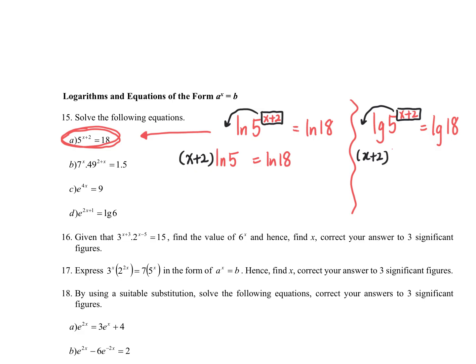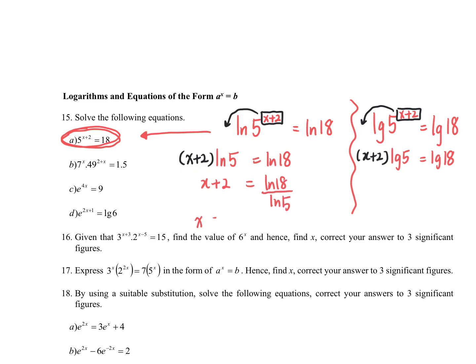So this one will be log 5, then log 18. Remember log 5, ln 5, they are just a number on the calculator. It's just a value, so you can just treat it as a value to divide over.